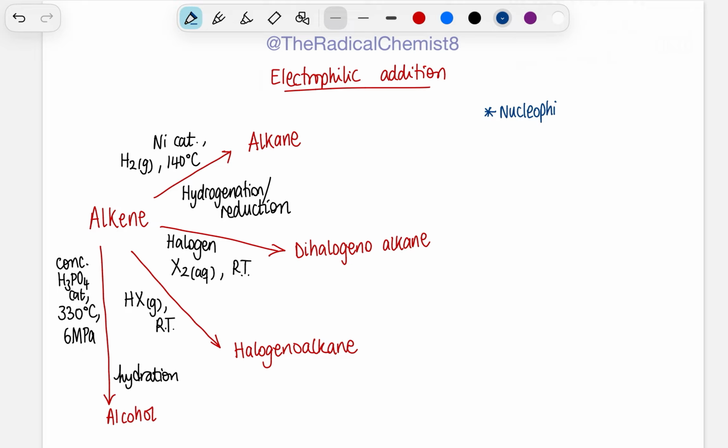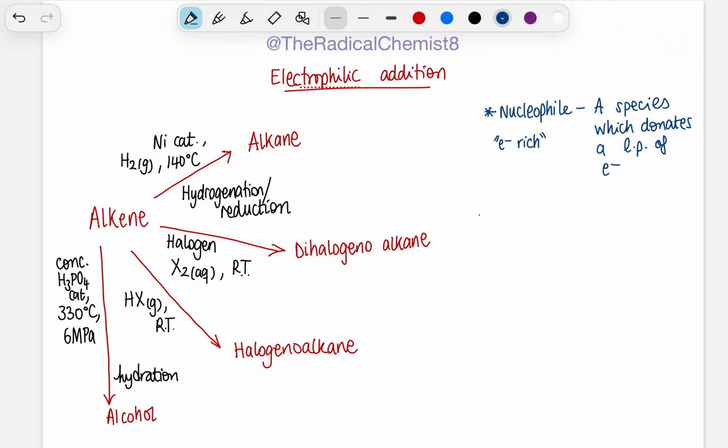So if you remember, a nucleophile is normally a species which donates a lone pair of electrons, or normally a species that reacts with an electron deficient center in a molecule. So normally I remember a nucleophile as being electron rich. So this could start off your arrow as from being a lone pair, or you can have an electron rich bond, for example C=C double bonds in this case.